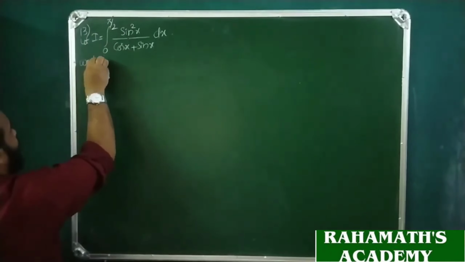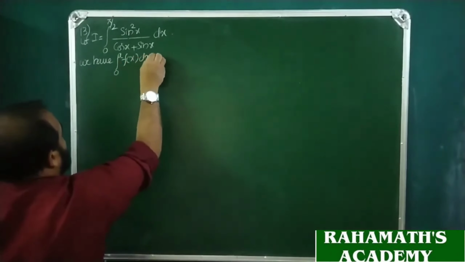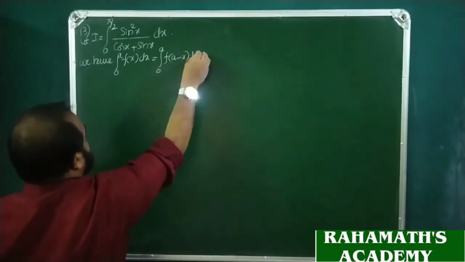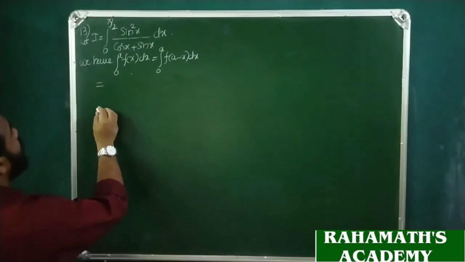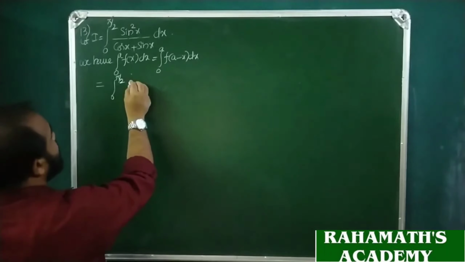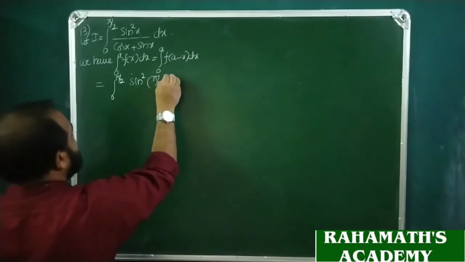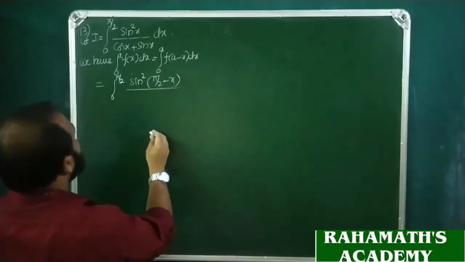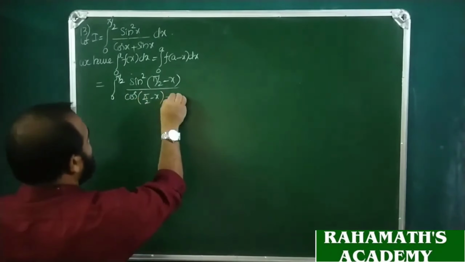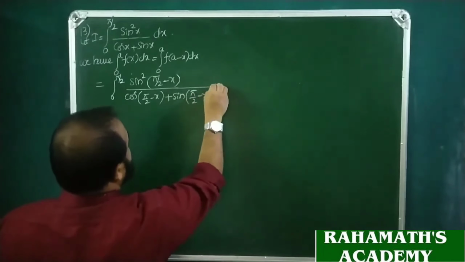Applying the property, we have integral 0 to a f of x dx is equals to integral 0 to a f of a minus x dx, which is equals to integral 0 to pi by 2 sin square pi by 2 minus x by cos pi by 2 minus x plus sin pi by 2 minus x dx.